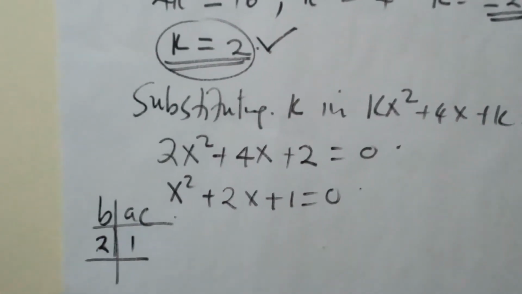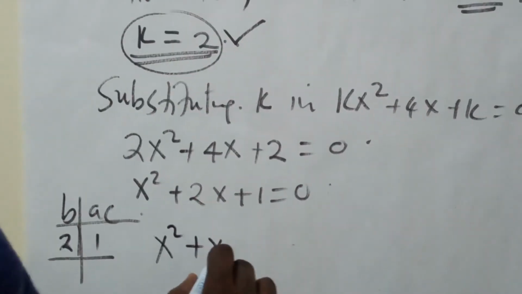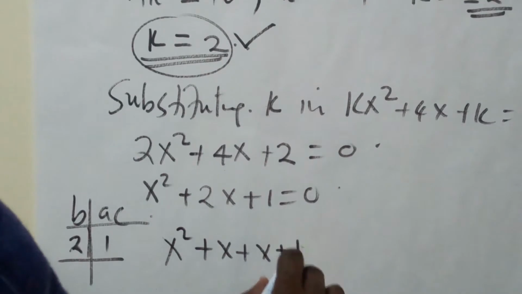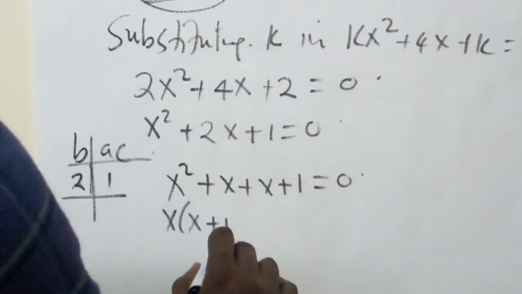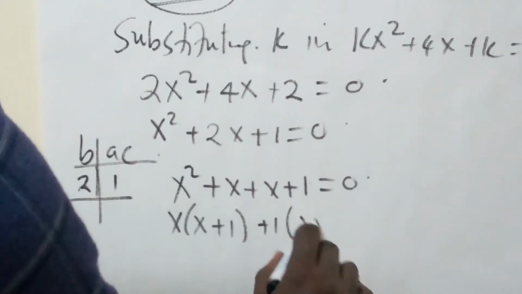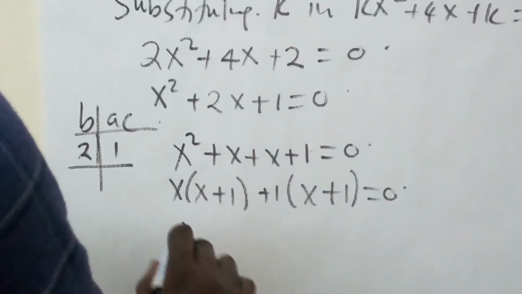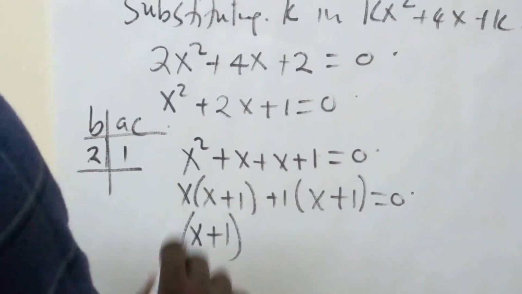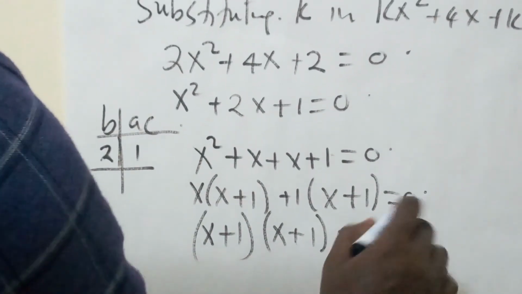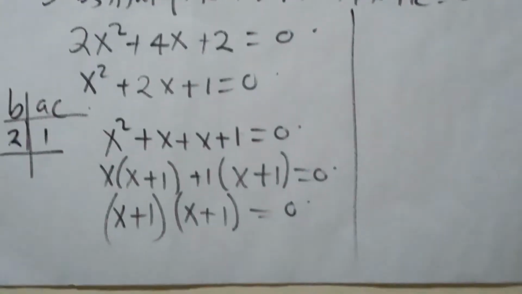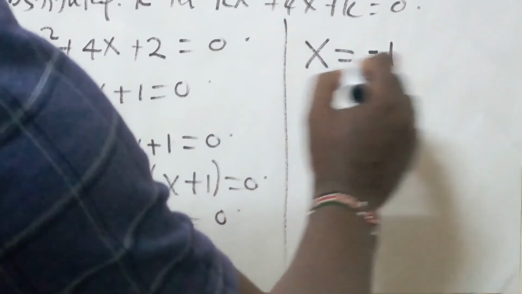Of course, that is 1 plus 1. x squared plus x plus x plus 1 equals 0, so (x plus 1)(x plus 1) equals 0. In such a scenario, you can already see x equals negative 1.